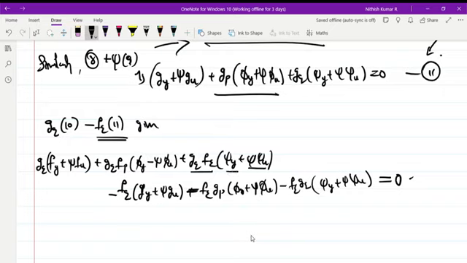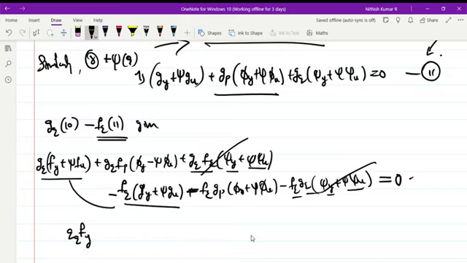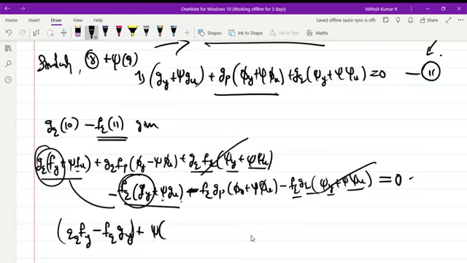Now subtract f_q into 11, so multiply this equation by minus f_q: minus f_q into g_y plus xi g_u, minus f_q g_p into phi_y plus xi phi_u, minus f_q g_q into xi_y plus xi xi_u, equal to 0. Now observe the g_q f_q xi_y plus xi xi_u terms appear with opposite sign, so they cancel.